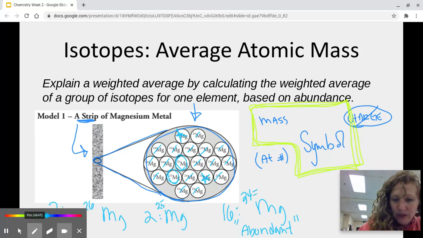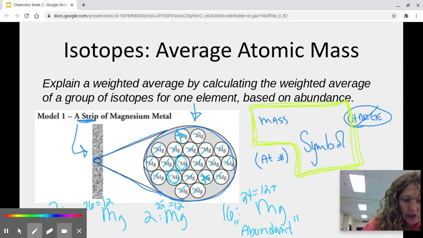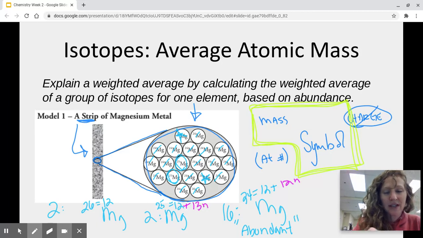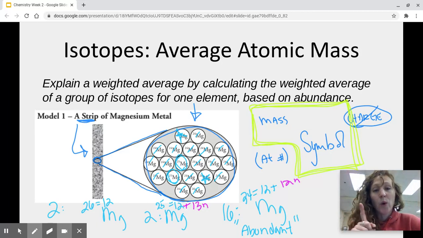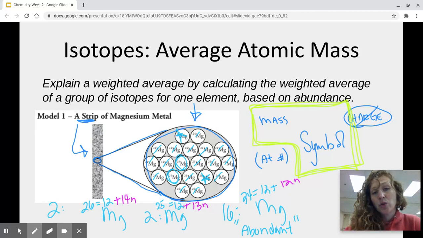And what we can do is write that out in a little equation to make it easier to follow. Okay, so magnesium 24 has 12 protons and 12 neutrons. Magnesium 25 has 12 protons and 13 neutrons, thus giving it the extra 1 in its mass. Magnesium 26 has 12 protons and 14 neutrons, thus giving it the extra 2 in its atomic mass.